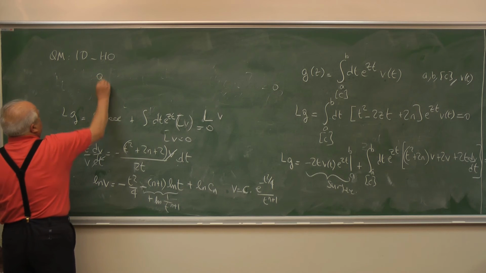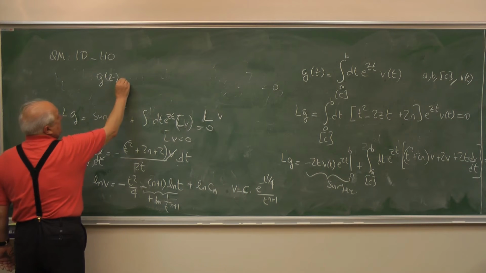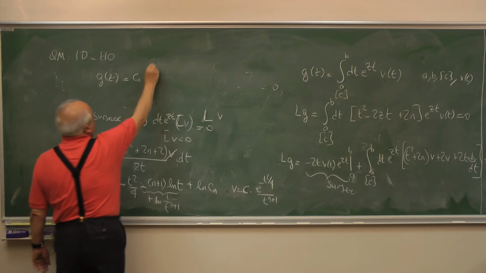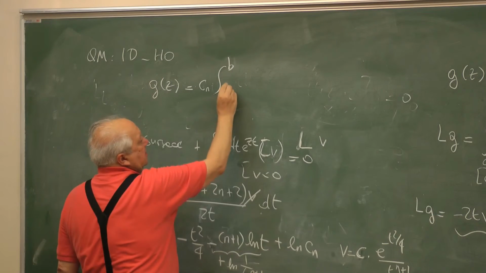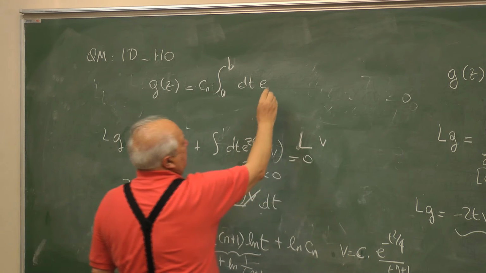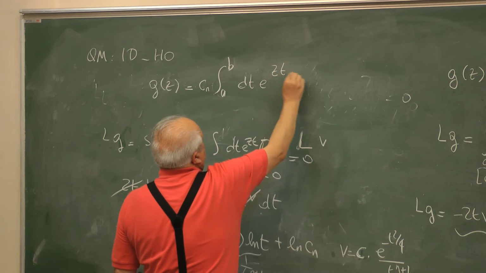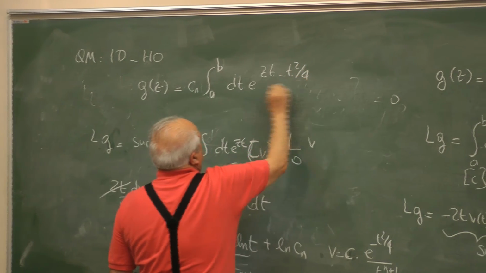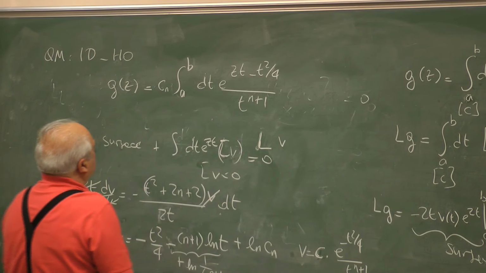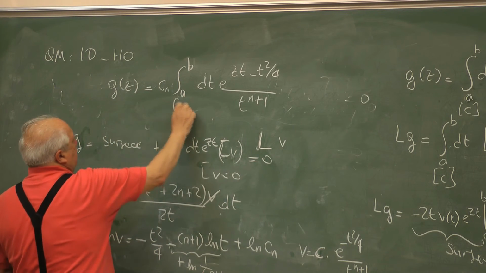G of z, therefore, is some constant C_n, the integral from a to b, dt e^{zt − t²/4} over t^{n+1}, about some contour.